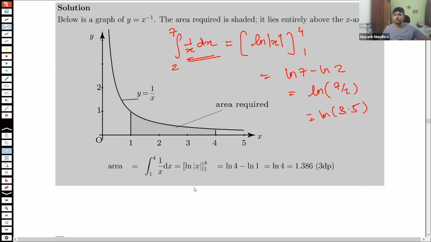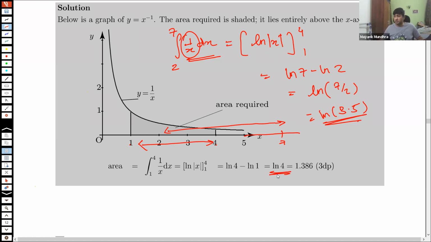Okay. So if you get a question like, in which interval does this function have more area, between 1 and 4 or between 2 and 7, then obviously you know that this is log 3.5, this is log 4.